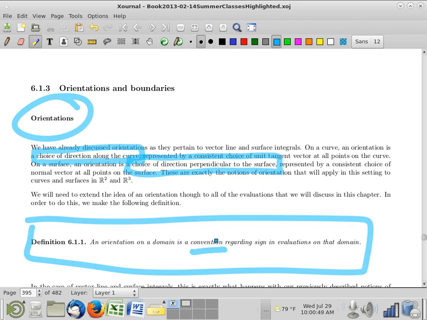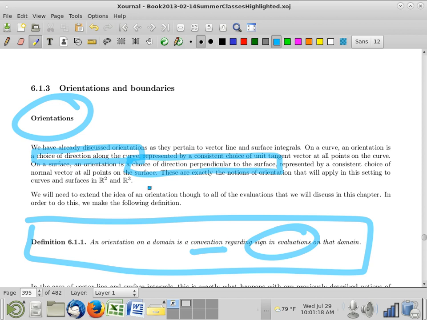It was a choice of direction. It was a convention concerning sign in an evaluation. In other words, one choice gives you one answer, the other choice gives you a minus sign. So two different options that are negatives of each other. On a curve, there are two different directions along the curve. On a surface, there are two different directions through the surface. They're negatives of each other.